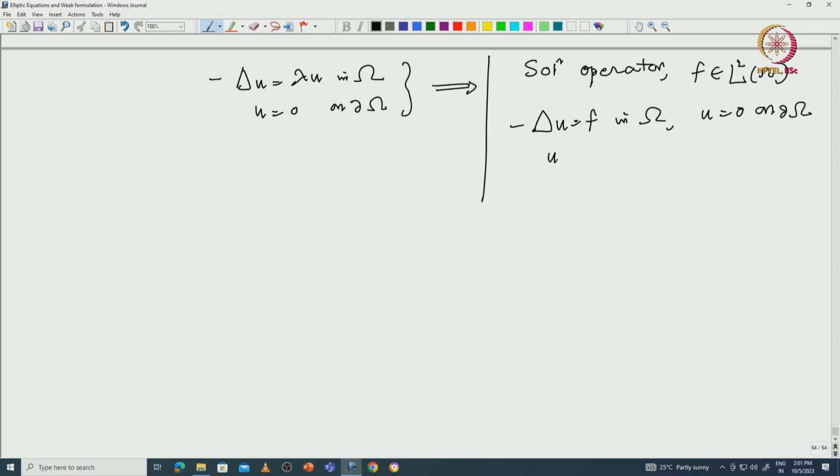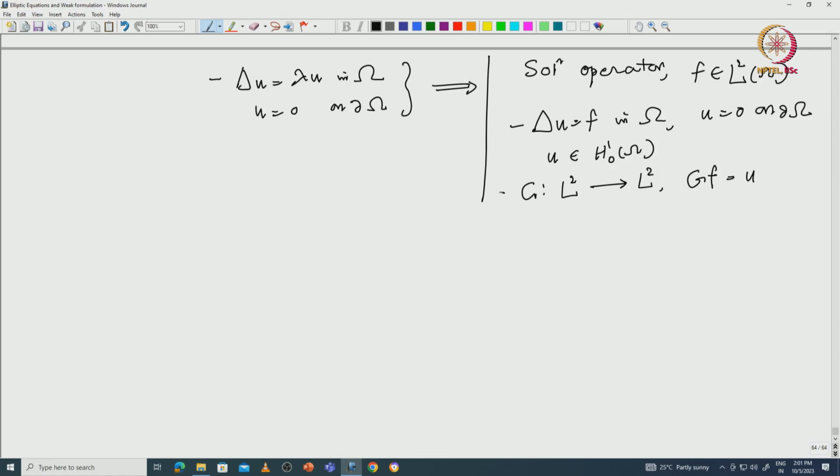And so, you are looking for u in H1 naught of omega, and we associated a mapping G from L2 to H1 naught, which is contained in L2. So, you get G from L2 to L2, where Gf is the solution corresponding to f, denoted by u.